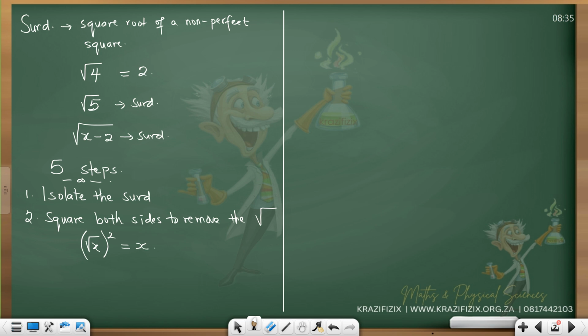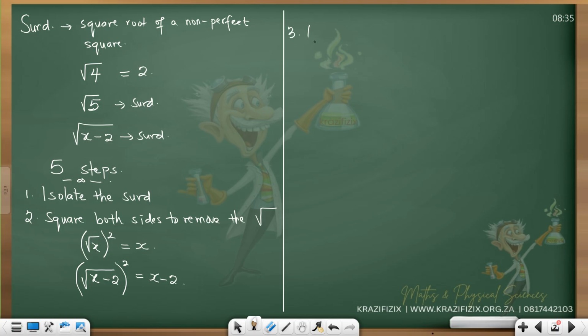Also, application of the laws of exponents. So if I have the root of x minus 2 and I square that, what would that give me? It simply gives me just x minus 2. So that's what we mean: square both sides of the equation. This is your second step.